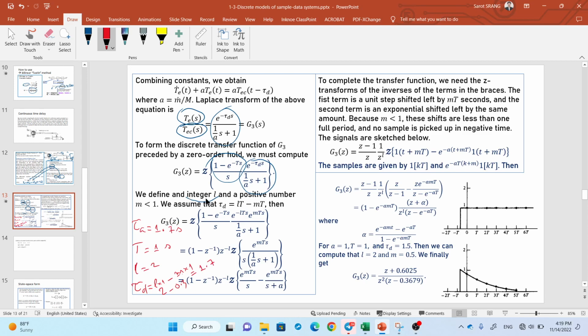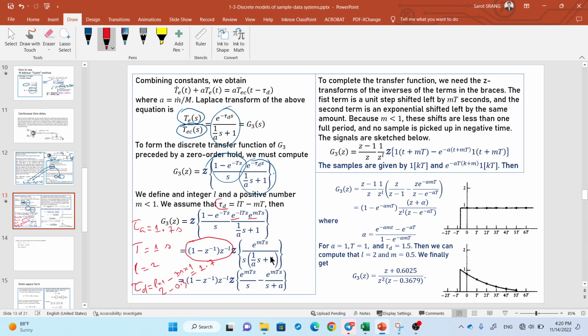So again, L is an integer and m is less than 1. Then we can write tau d like this, and then substitute tau d into our transfer function here. You can split the exponent to be like this, and then some part can be transformed into the Z domain directly like this, and then you still have this part.